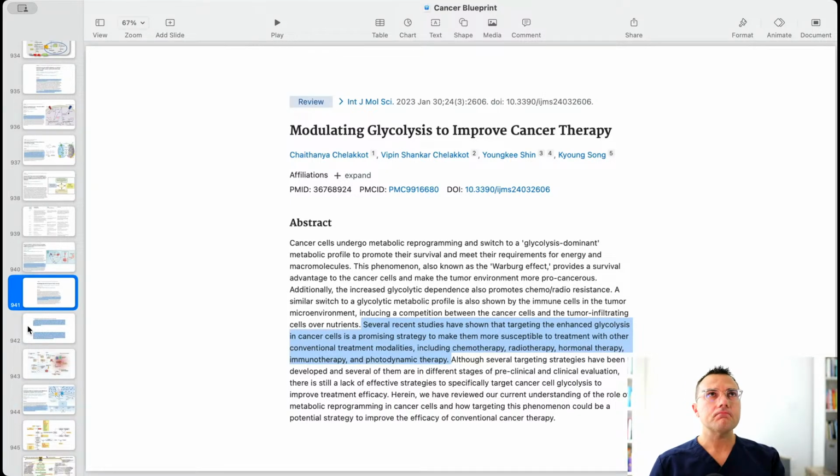Because we'll talk about the use of sodium bicarbonate in future videos, and it's being studied to enhance chemotherapy, because the very acidic lactic acid, succinic acid tumor microenvironment will tend to chew up the chemotherapy and not allow it to get into the cell that we want it to get into, and it's going to more affect the normal cells that don't have that lactic acid shield around them.